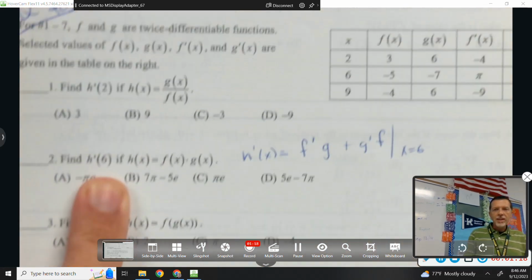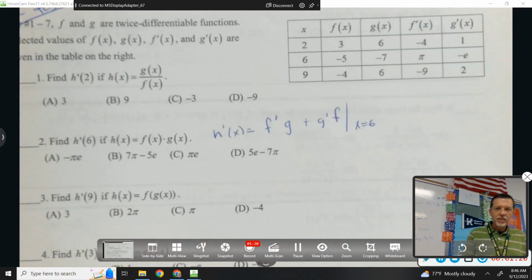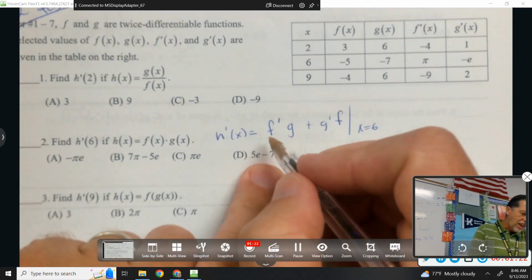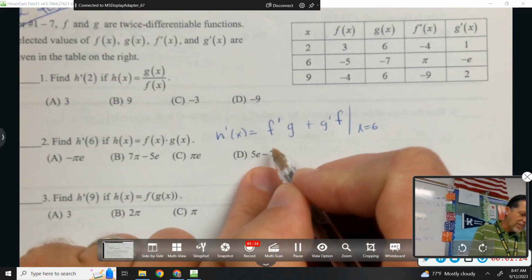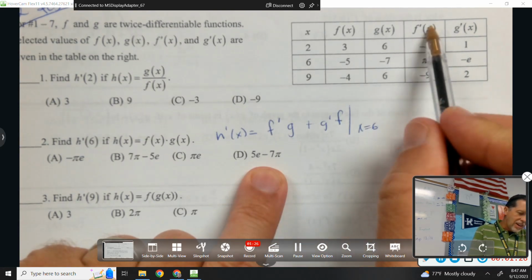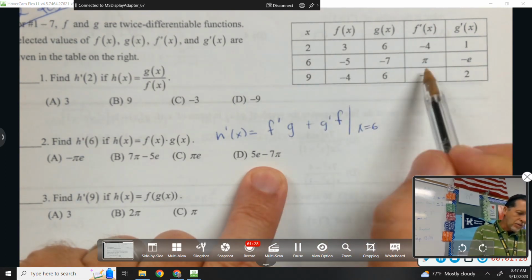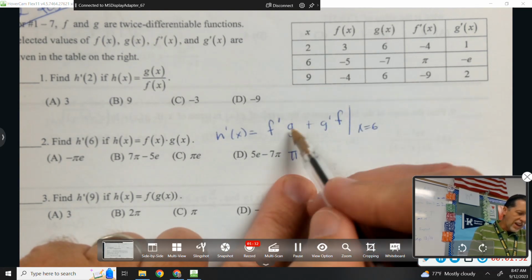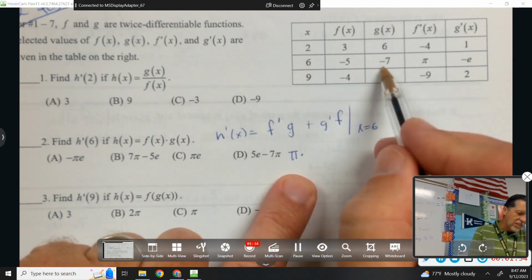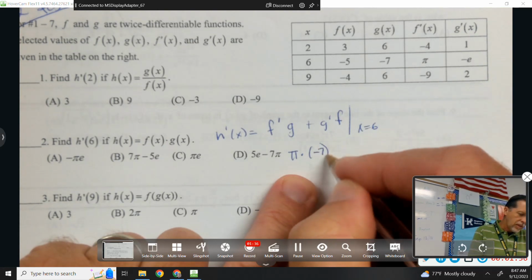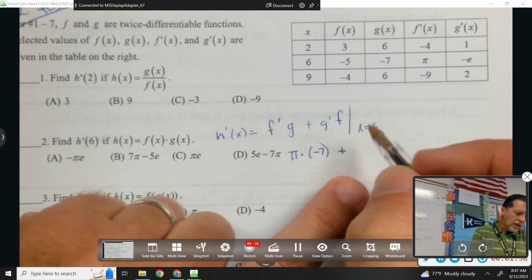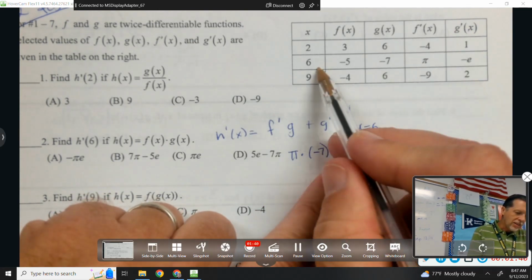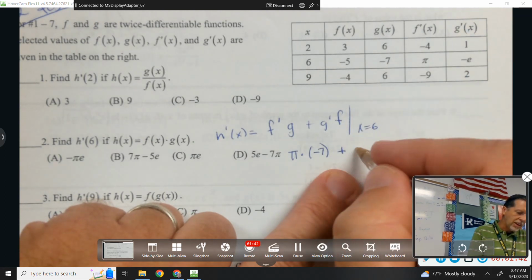So I go to my table, and I just need to be very careful here. F prime at 6 is pi. G at 6 is negative 7. G prime at 6 is negative e.